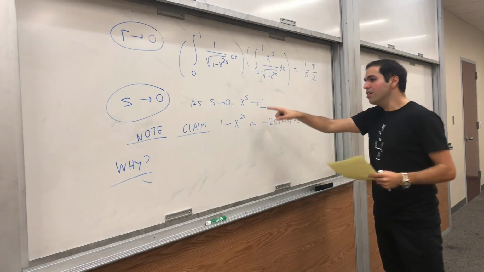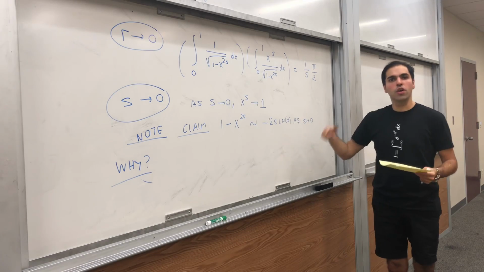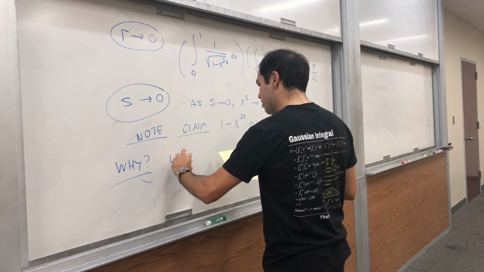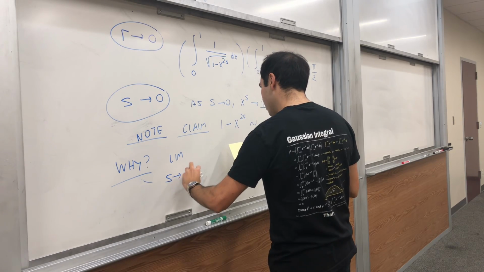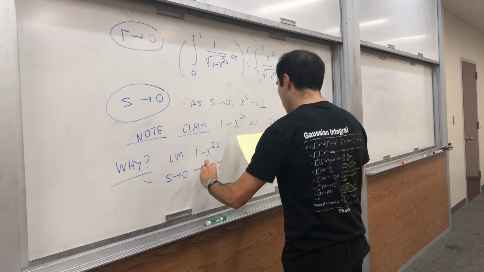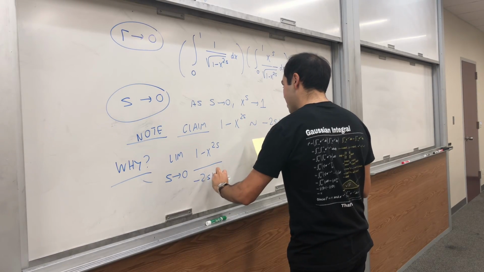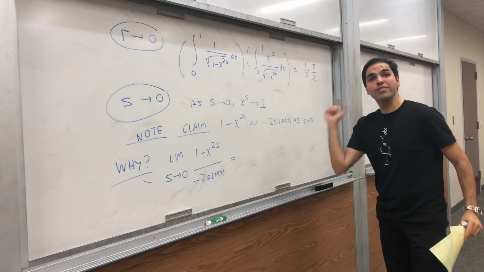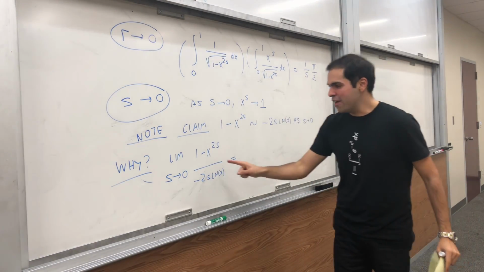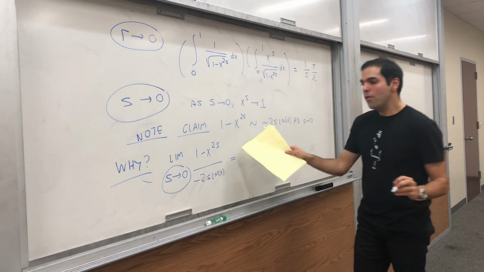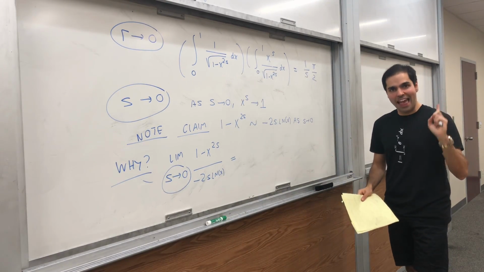So this squiggle just means that the ratio goes to 1 as s goes to 0. So let's just do the limit as s goes to 0 of 1 minus x to the 2s over minus 2s ln of x. Now, we want to use L'Hopital's rule, but careful, because we're taking the limit as s goes to 0, we have to use L'Hopital's rule on s.